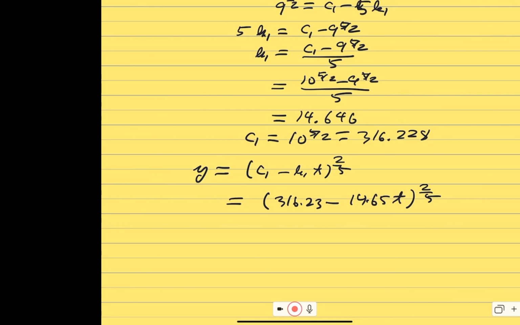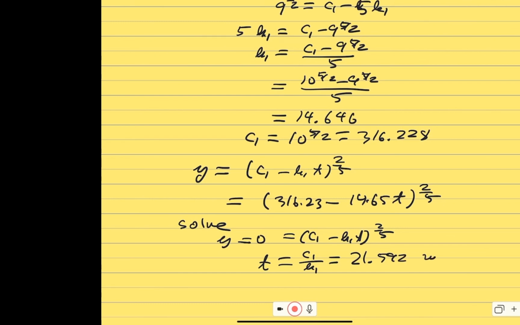And we wanted to know how long it took to drain, so we want to solve y equals 0, which is going to be C1 minus K1 t to the 2/5, which is going to give t equals C1 over K1, and plugging that in turns out to be 21.592 minutes.